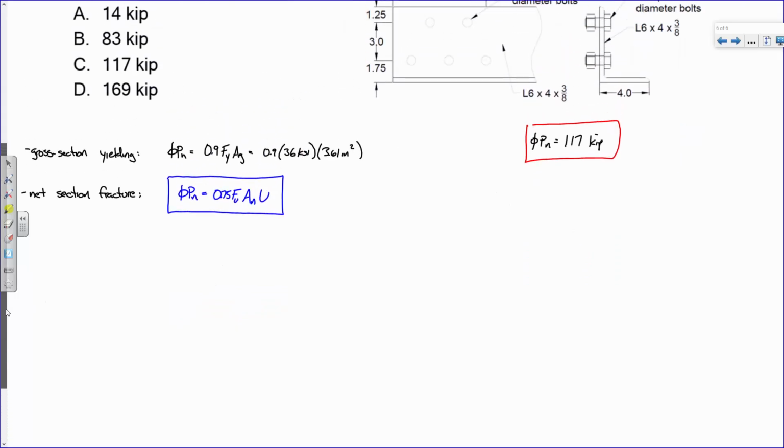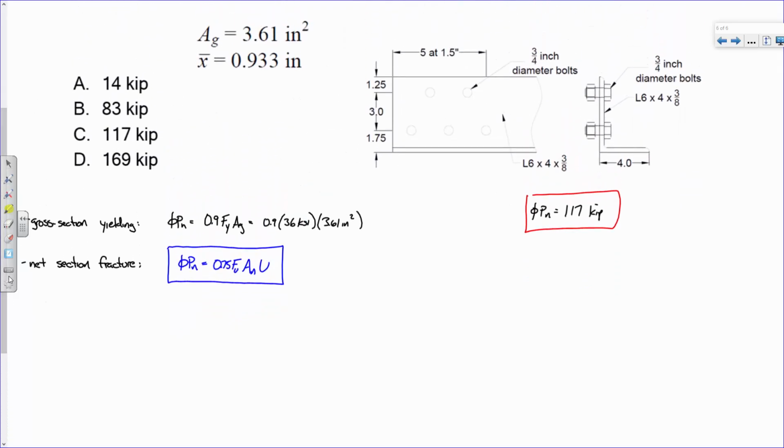All right, let's deal with the net area first. We have 3/4 inch diameter bolts. So the diameter of the hole is what? You add 1/8, right?